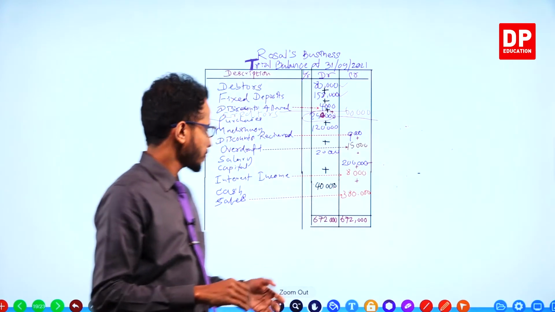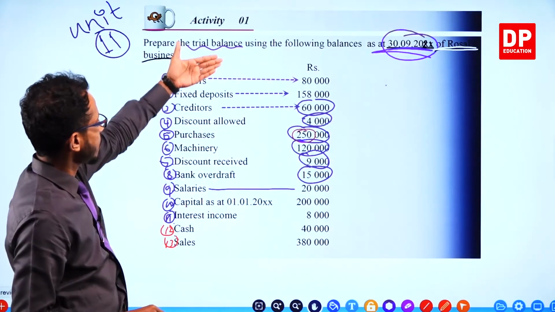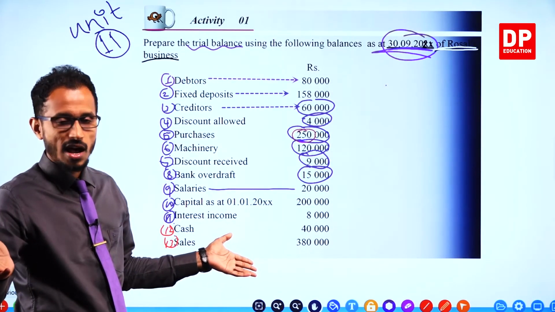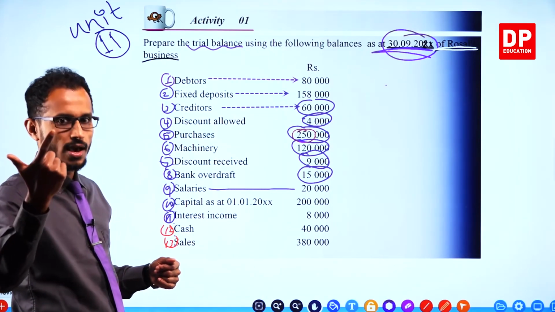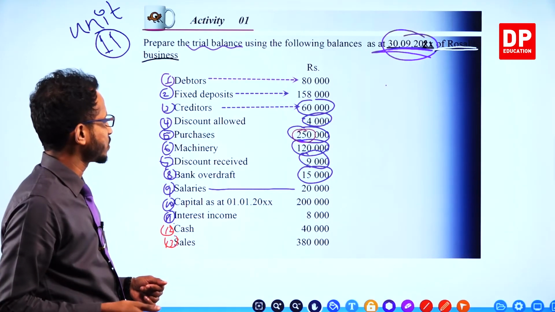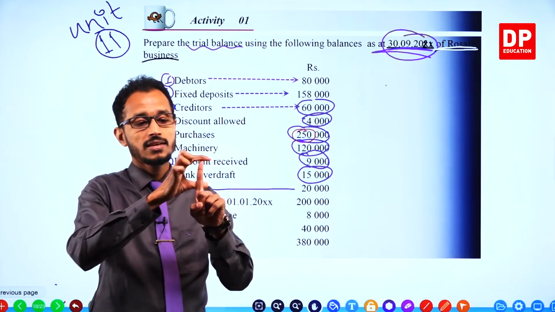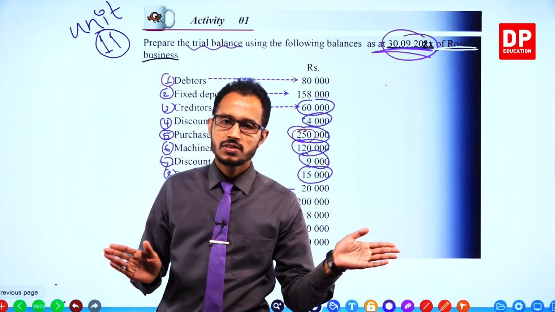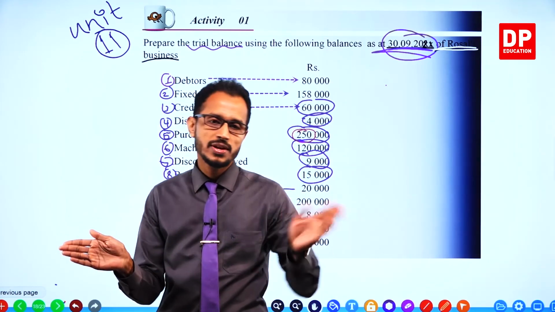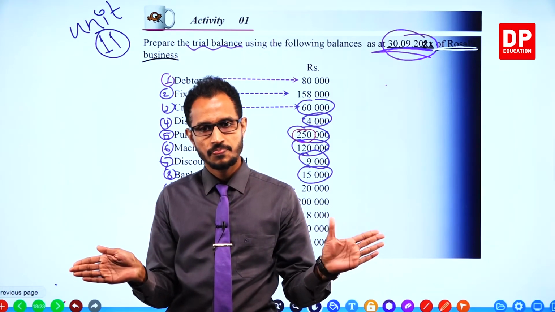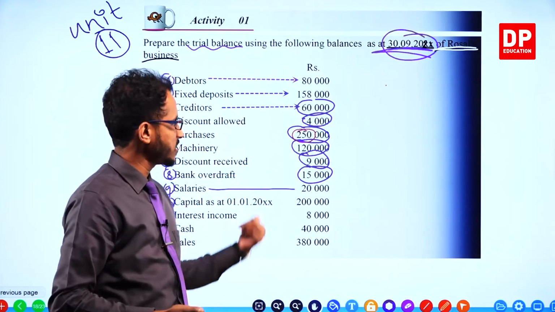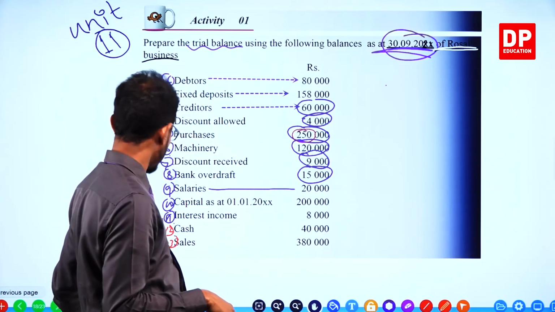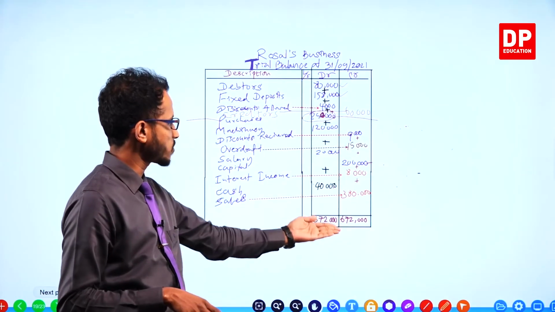If you get this type of a question in your exam paper, it will be so easy for you now. Using this system, you can finish this type of question in no time and balance the trial balance.